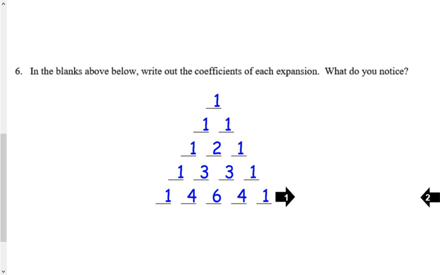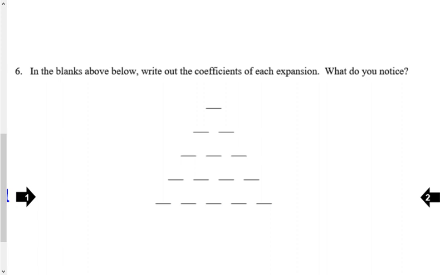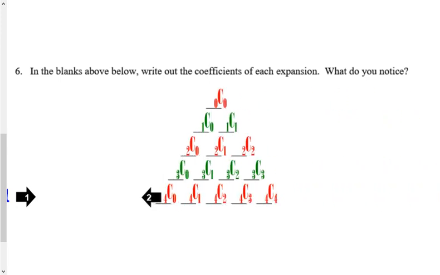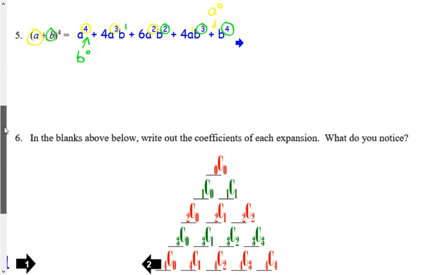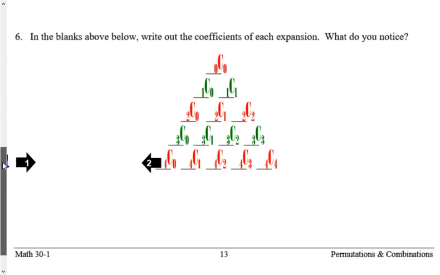So this looks like Pascal's triangle. So if I wanted to do the expansion, I could expand Pascal's triangle, or I could just think about combinations. I could do some combination calculations. So what I found is, for this last one, where I had a plus b to the exponent 4, these are the coefficients from a plus b to the exponent 4.